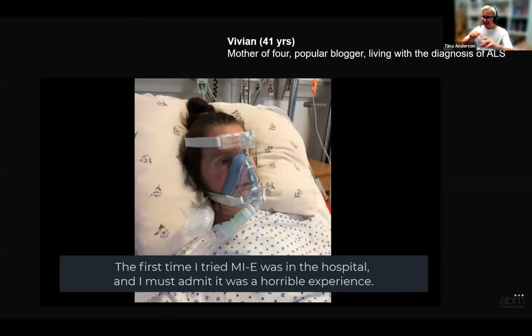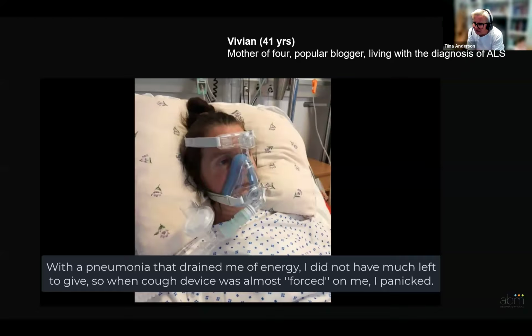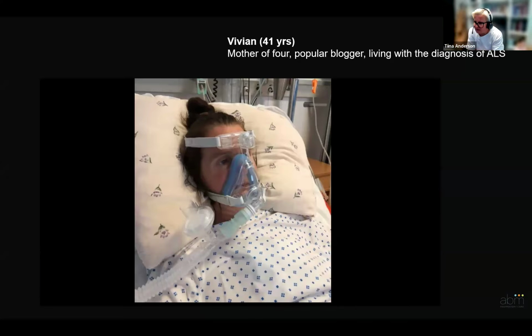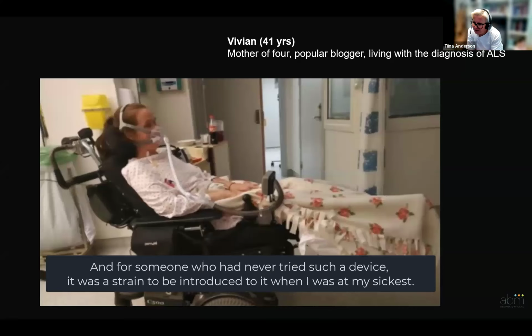Okay, last patient, it's Vivian. Her MIE was initiated when she was quite ill with pneumonia. She felt that the MIE device was just forced into her lungs. It just burned inside her.